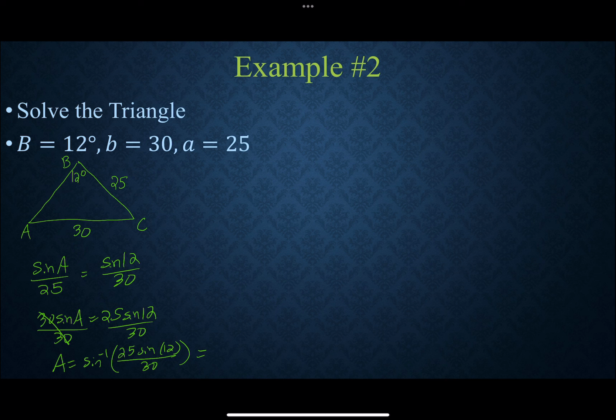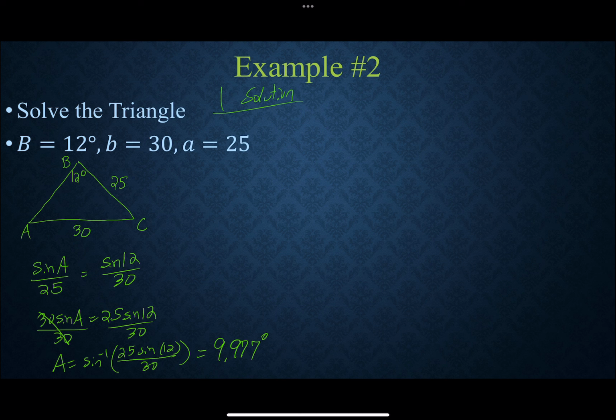If this gives us an error message, it's no solution. If it gives us a number, we compare it to angle B and figure out which one is bigger to determine whether it's a one or two solution problem. When we do this, we get 9.977 degrees. That tells me, because angle A is less than the given angle, there can only be a one solution problem.